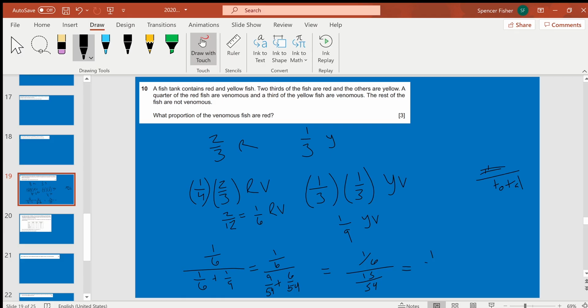All right, then we have keep, change, flip, which becomes 54 divided by 15, or just cross multiply: 54 over 6 times 15, which is 9 over 15, so 3/5. So 3/5 of the venomous fish are red.